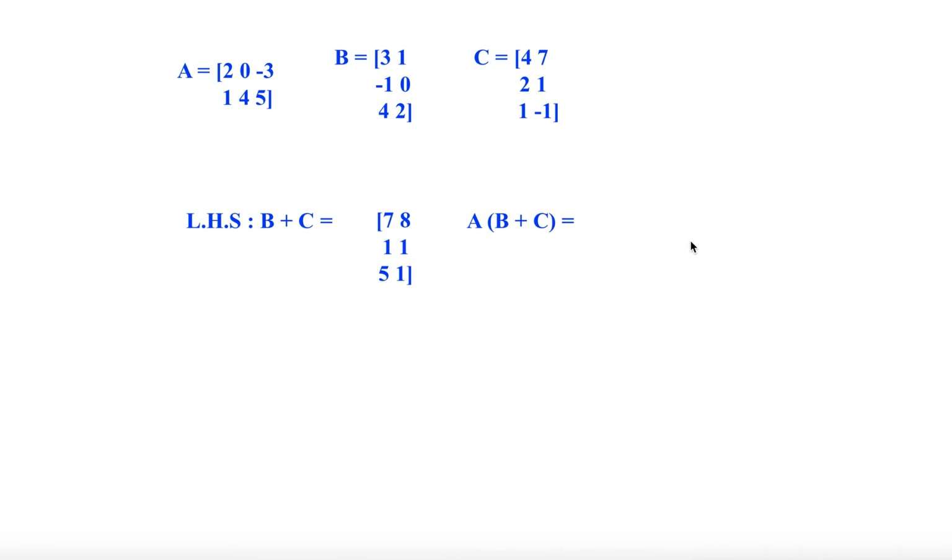This thing is multiplied with this thing, so we will write them together. A has to come here. Fine, this is A and this is B plus C.